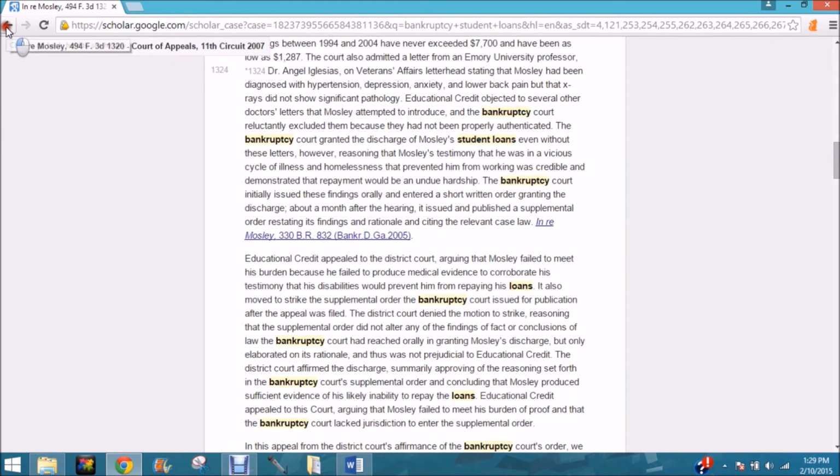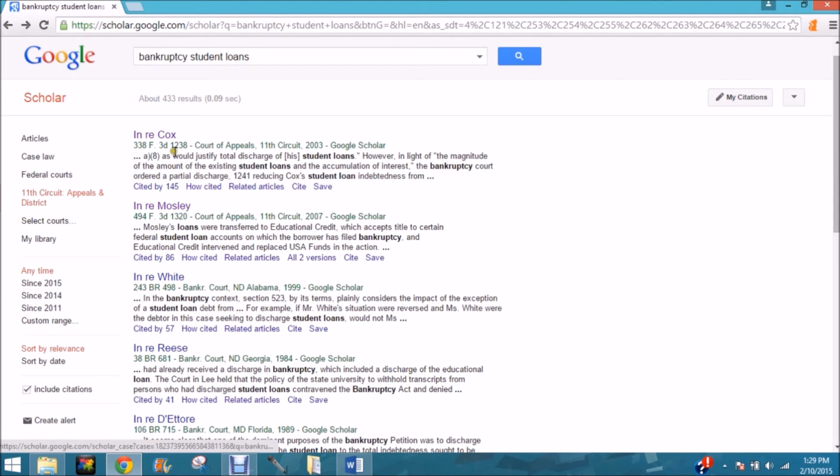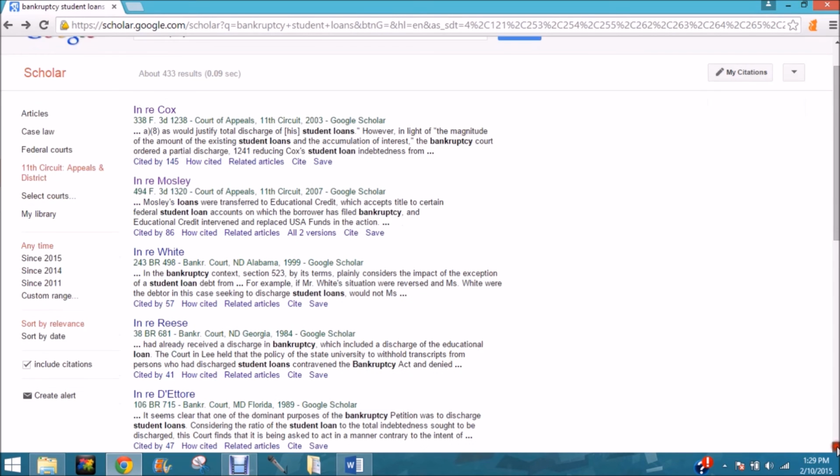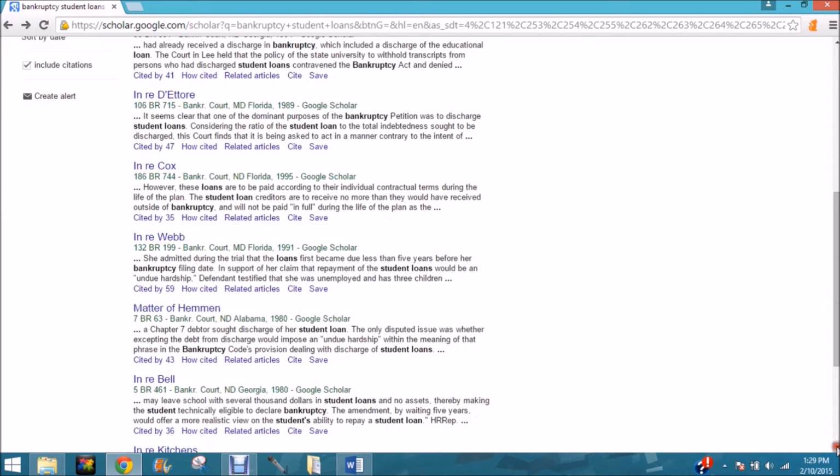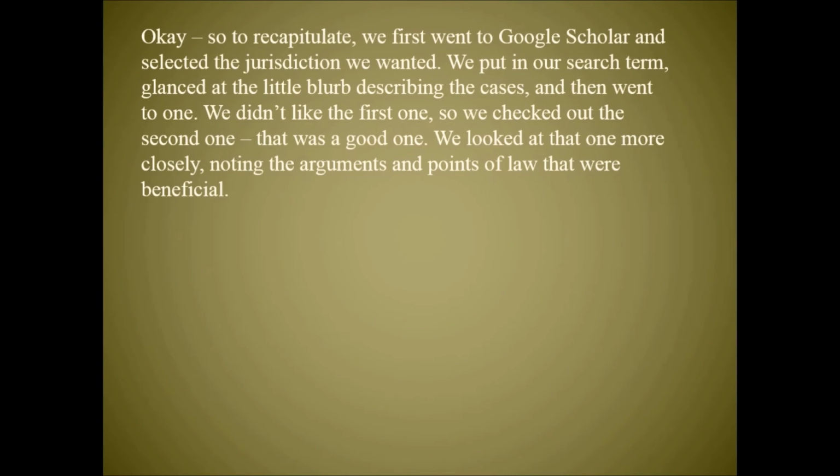Now, what we would do is we would simply copy it or get the URL so that we could do that, and then we would go looking for more. Okay, so to recapitulate, we first went to Google Scholar and selected the jurisdiction we wanted. We might have tried a Google search, but as it turns out, we wanted a specific jurisdiction, the 11th Circuit.